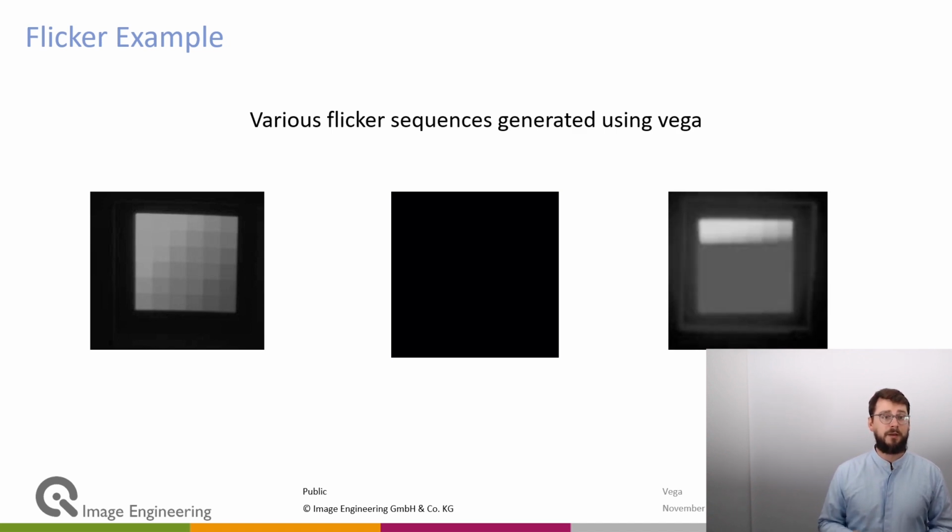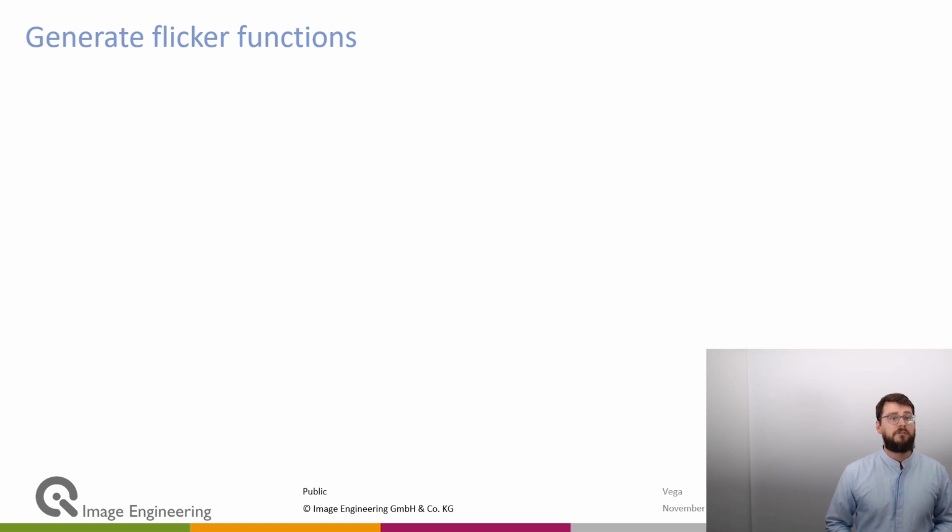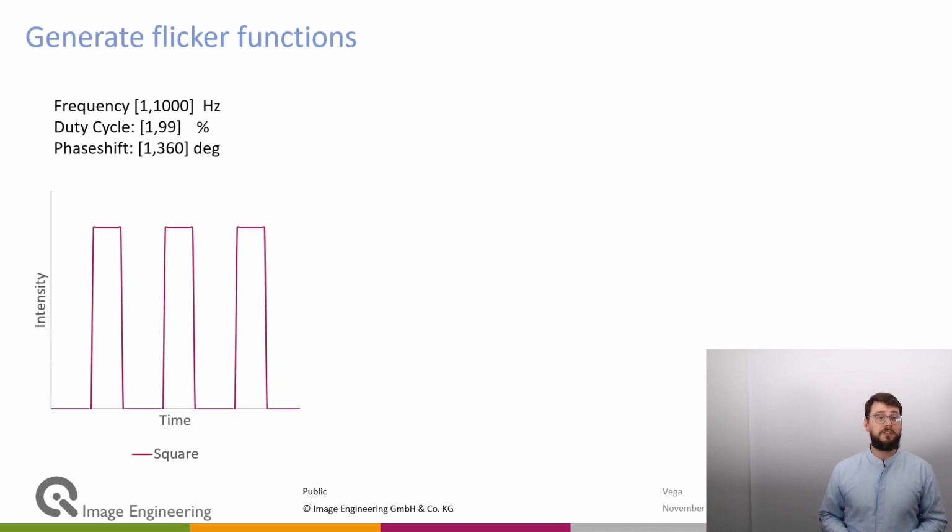So the light source is capable of simulating flicker. It's simulating LED flicker with a wide variety of frequencies, duty cycles, and what's most important, also phase shifts. Because you're not always sure you will get the phase. You never know which phase you are starting with when testing. And yeah, the frequency range is 1 to 1000 hertz, and we can examine with 1 to 99% duty cycle.